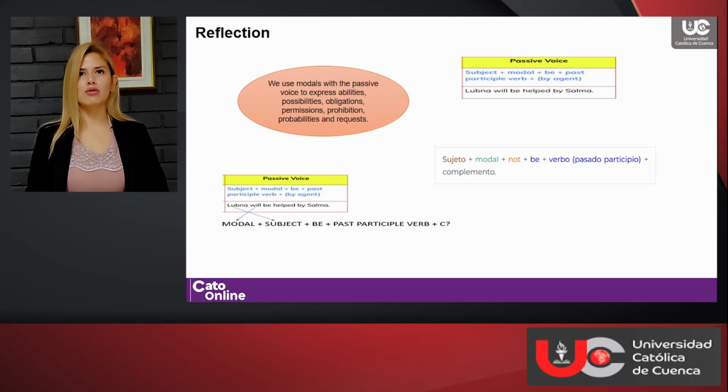In positive, we use subject first, then the modal, then the verb to be, in this case be, the past participle of the verb, and the last part is the complement. In negative, we use subject, modal in negative form, be, the verb in past participle, and the complement. In interrogative sentences, we use first the modal, subject, be, the past participle of the verb, and complement.